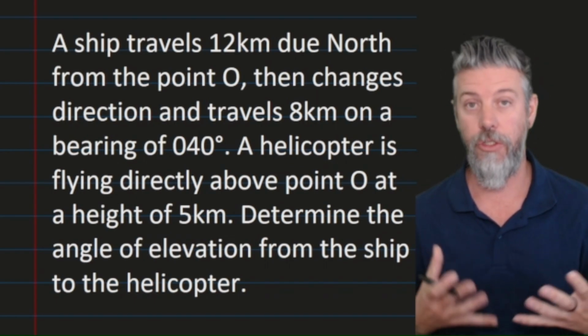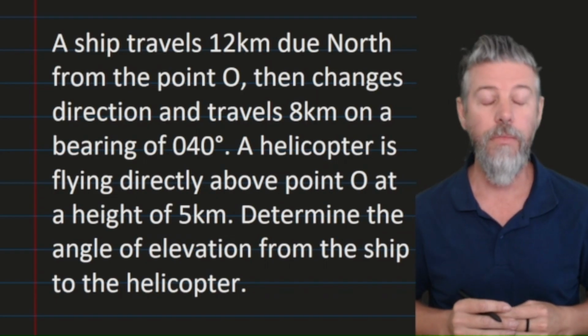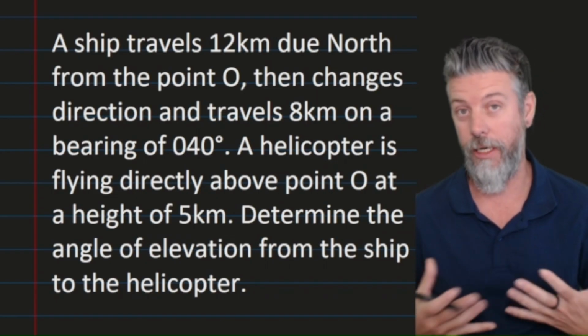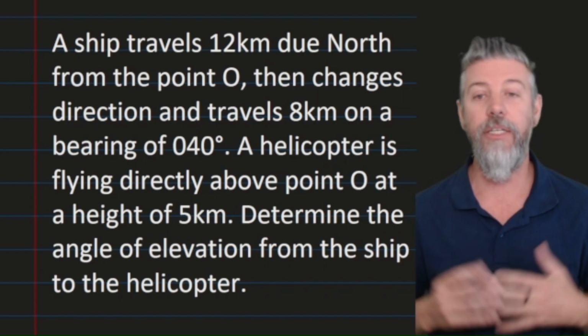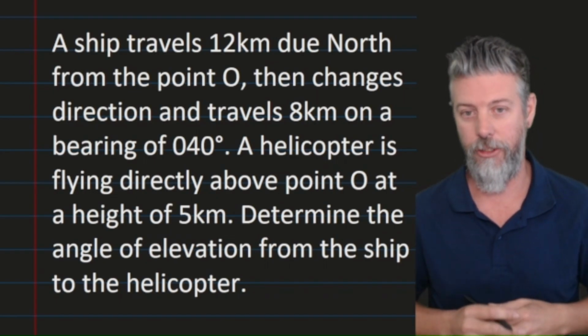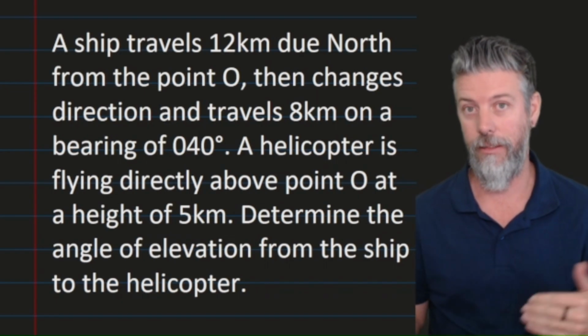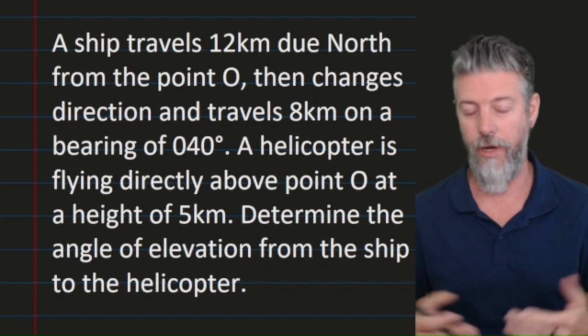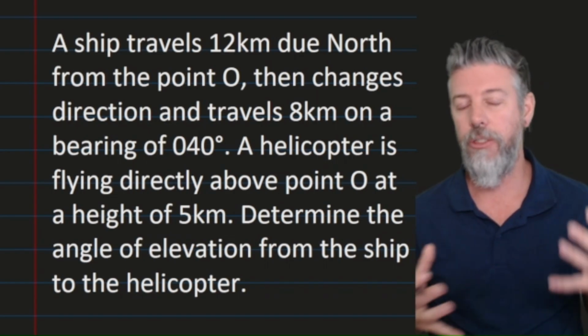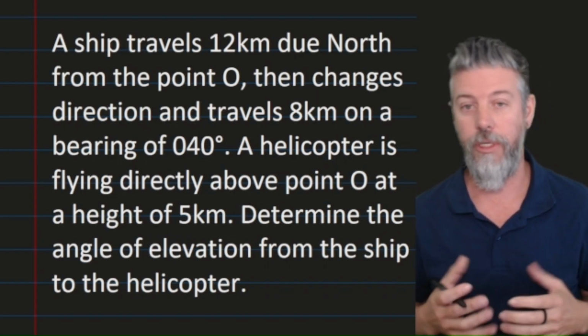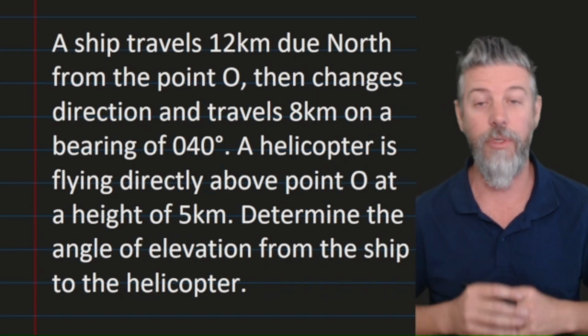But in this one, it's just a straight up trig situation. We need to get 2 sides of a triangle. And so we know the height of the helicopter, the 5 kilometers. So what we're really looking to find is the distance that it is away from the ship at its final location.